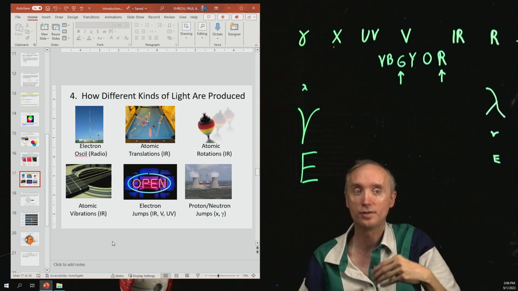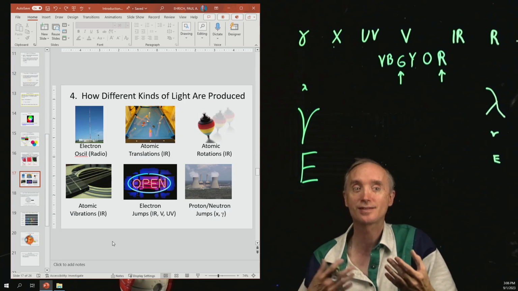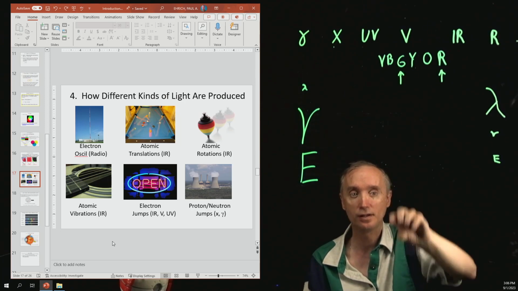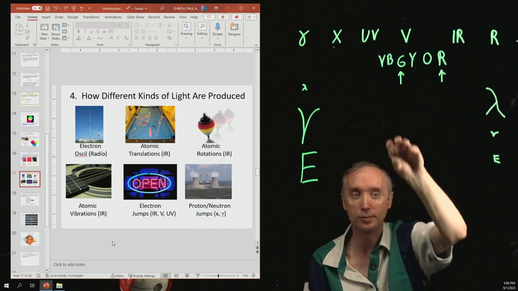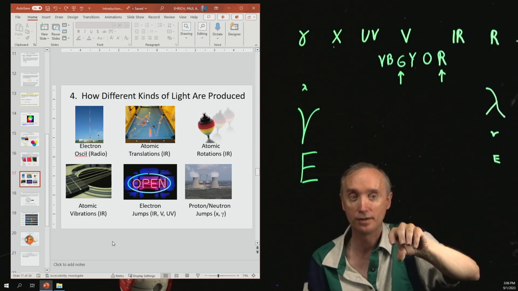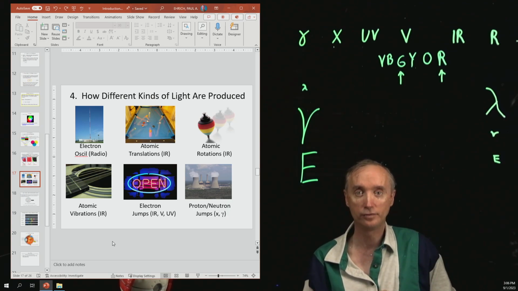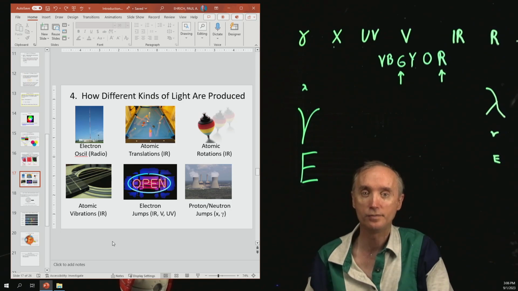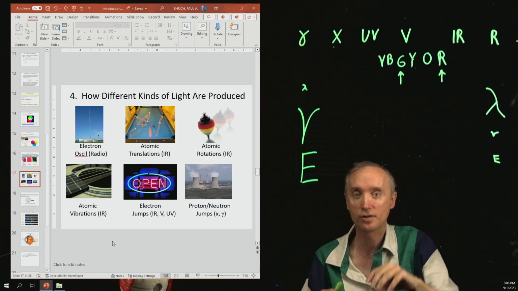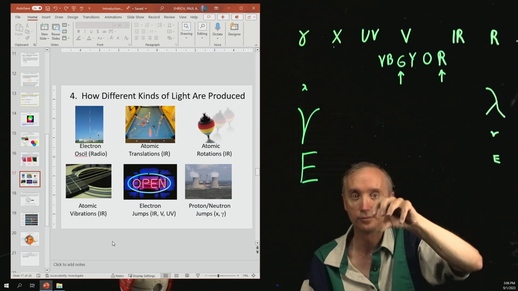So what does it mean when the speed is changing? It's accelerating. So as the electrons are accelerating up and down an antenna, it's going to generate a radio wave. So that's where radio waves come from, when electrons are vibrating.